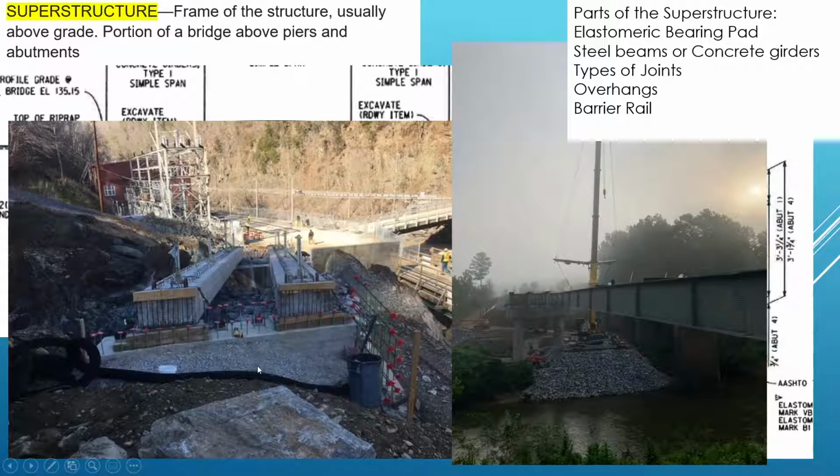They also have bulb T girders and AASHTO girders, Types 1, 2, and 3. They're typically used on DOT bridges. Each state may call them a different thing, but they're still the same thing. Over here on the right, you've got an 84-inch steel beam on a continuous span. You've got your splice here going across the river.